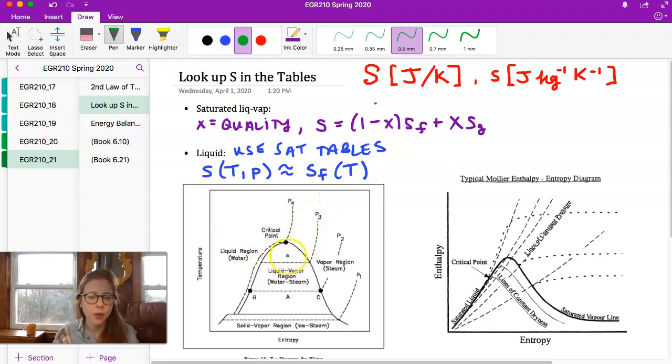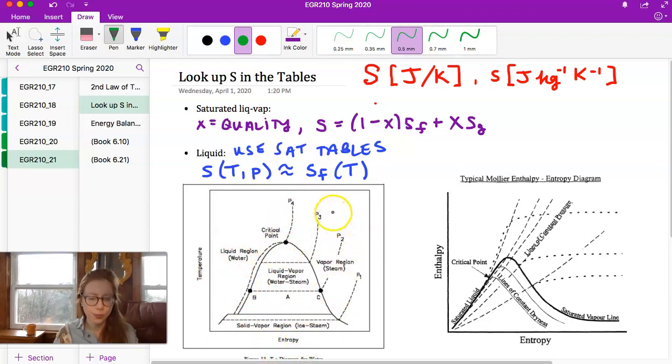Under the vapor dome, P constant would be this line, because temperature and pressure are coupled under the vapor dome. And what these P's here, P1, P2, P3, P4, are showing you is what various isobars, so lines of constant pressure, look like on a temperature-entropy diagram.